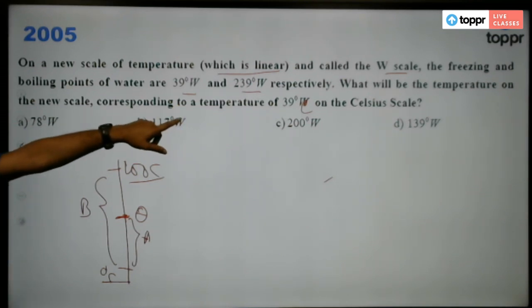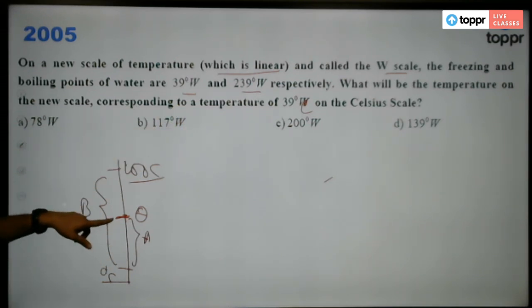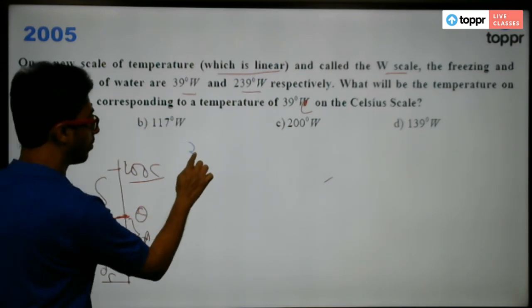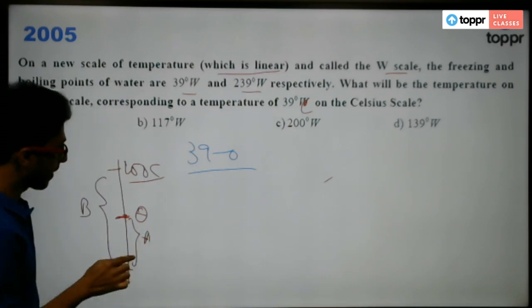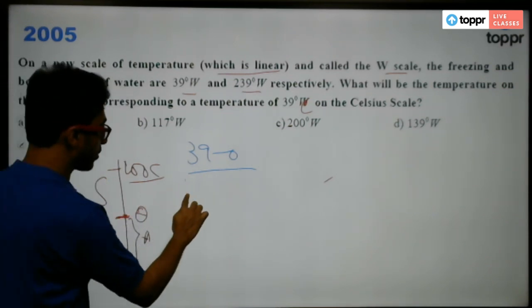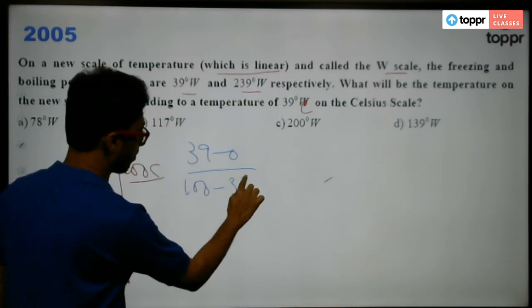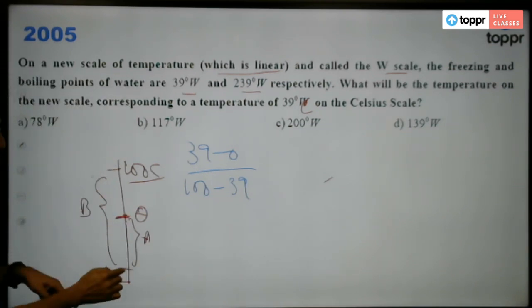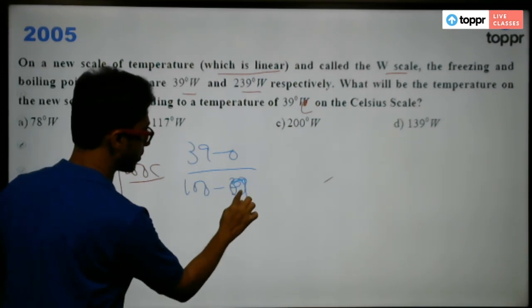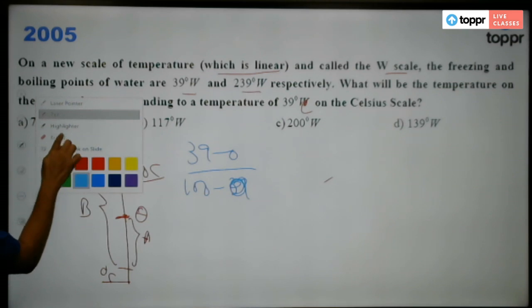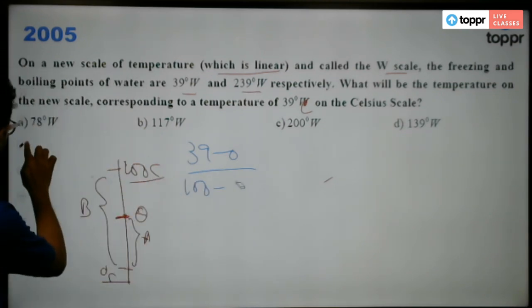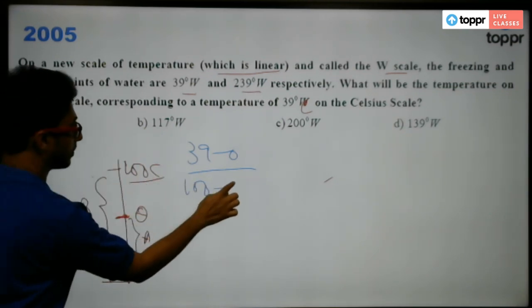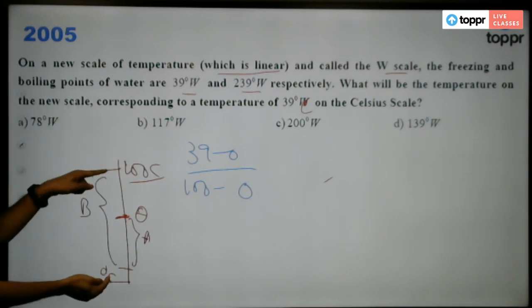So for Celsius, what can we write? For Celsius, the temperature is 39. So 39 minus 0 divided by 100 minus 0.